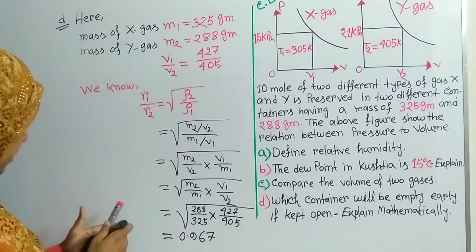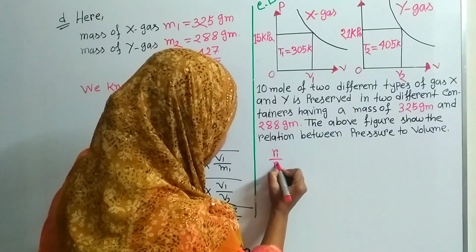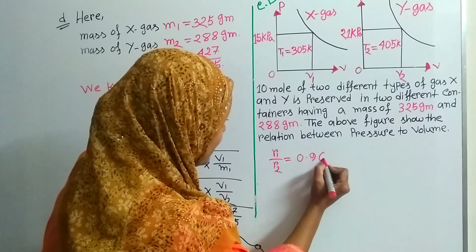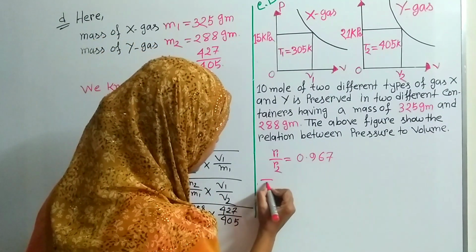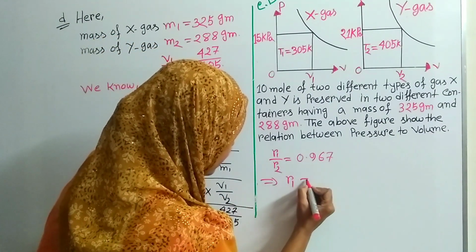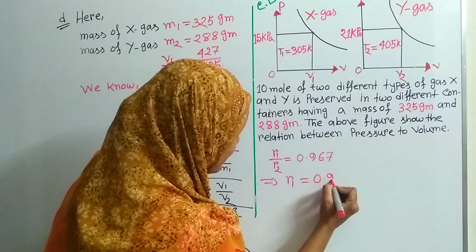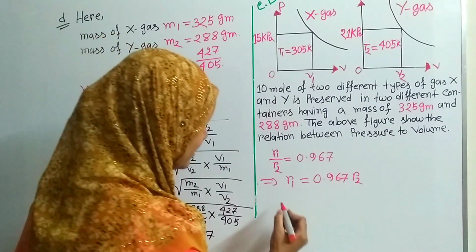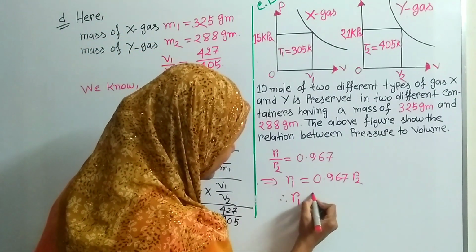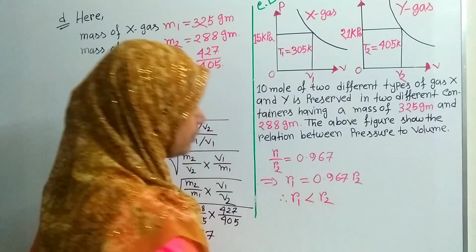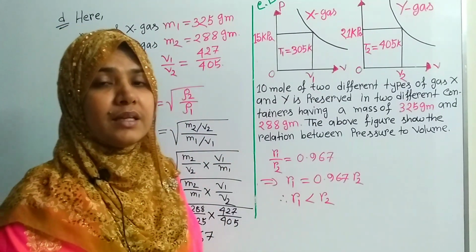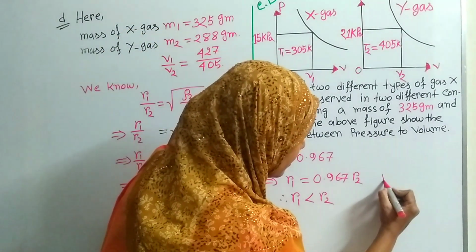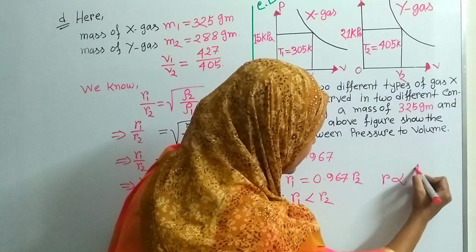After calculating it, you will get the value 0.967. So here R1 by R2 is equal to 0.967, or R1 is equal to 0.967 R2. So we can say that R1 is less than R2. Here another relation between diffusion and time is that diffusion is inversely proportional to time.